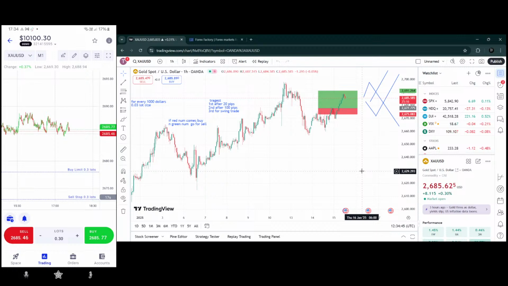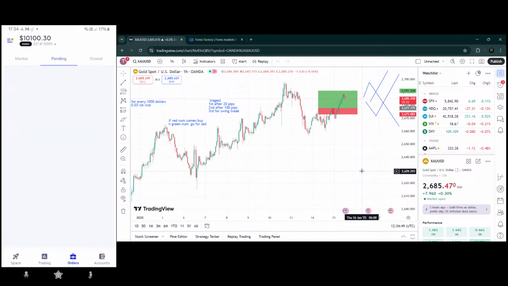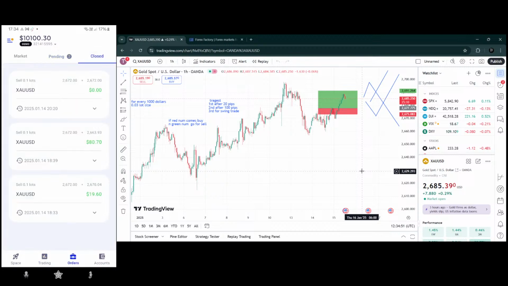Because as you can see on mobile, yesterday we put our trade and we were waiting. Market hit first 2751.9, and we were still waiting at that time, so market didn't hit our entry.